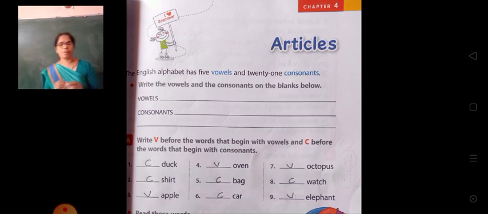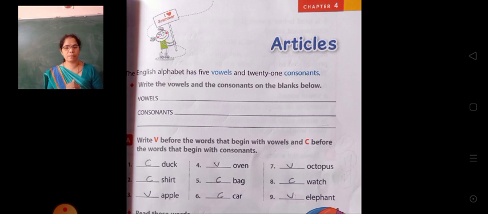See some examples. We have to write B before the words that begin with vowels, and we have to write C before the words that begin with consonants. C means only with a, e, i, o, u we have to use an.